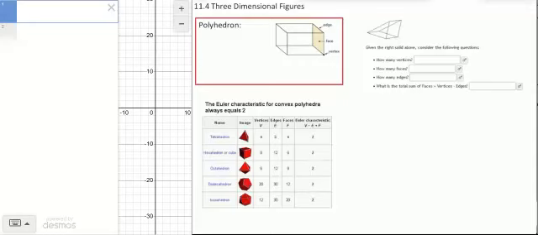And so introducing the three dimensions, we're going to talk about a few types of solids, the first one being polyhedron. And this is just a solid that's formed using only polygons.